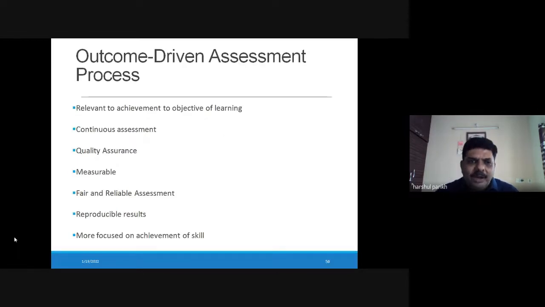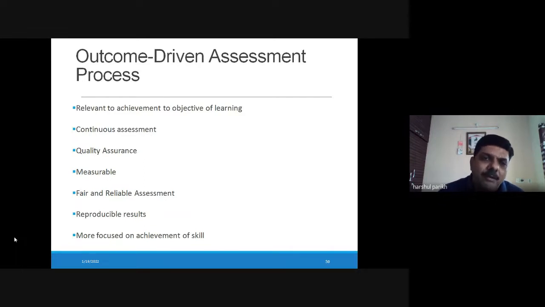So modern pedagogies involve an outcome driven assessment process. Continuous assessment is a basic part of outcome driven assessment. Quality assurance: these methods should be measurable, fair and reliable. Results should be reproducible.